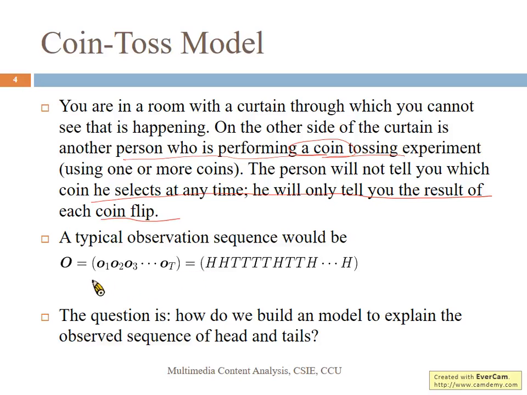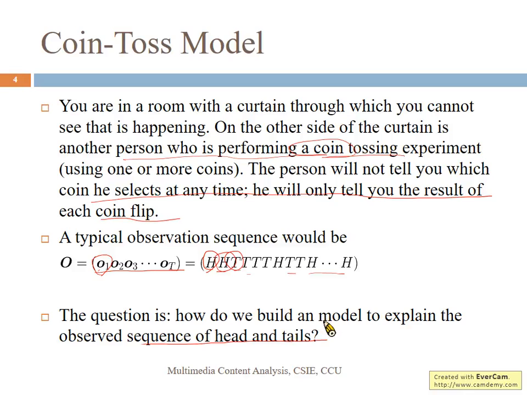So assume that the other person performs T flips, and then he may tell you that okay, the first time the result is a head, the second time the result is also a head, the third time is a tail, and so on. So the question is, how do we build a model to explain the observed sequence of head and tail?